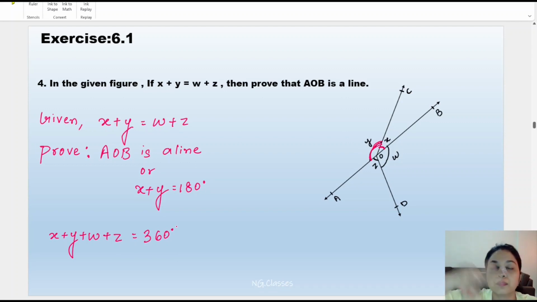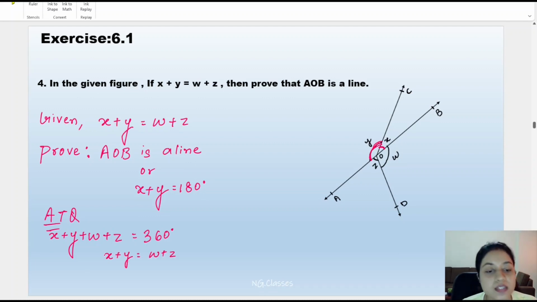Because both are making one complete revolution, and we know one complete revolution means 360 degrees. So together they will make 360 degrees, right? So according to the question, we can say that. All right. Now it's already given that x plus y is equal to w plus z.